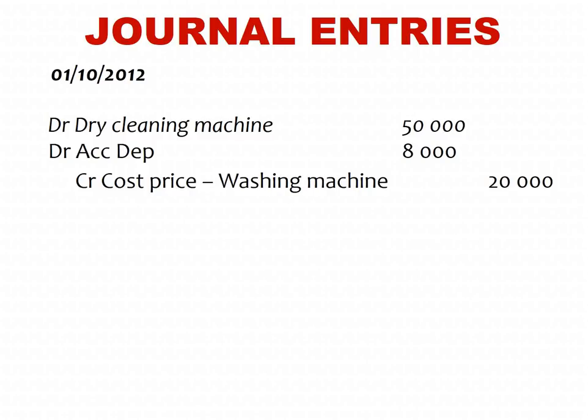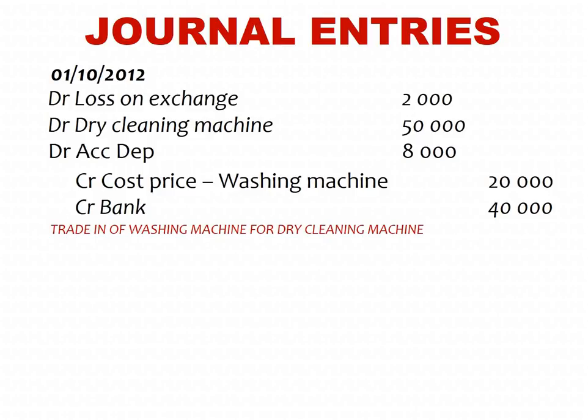But we are also given additional information saying that we also paid an additional 40,000 to complete this transaction. Lastly, because we are looking at a dissimilar asset, we need to recognize either a profit or a loss, as one of these could occur when dealing with dissimilar assets. In this case, we can see that we actually have a loss on exchange of assets.